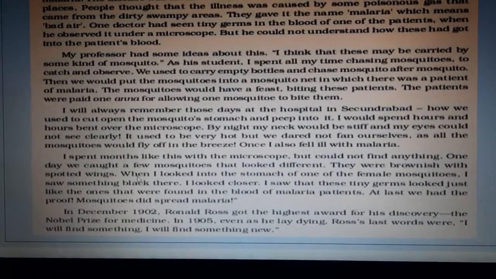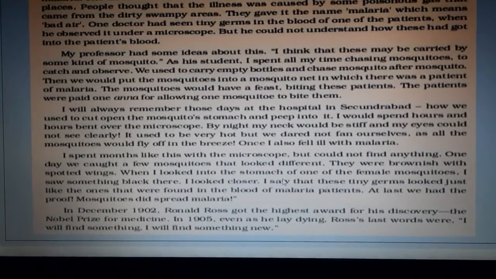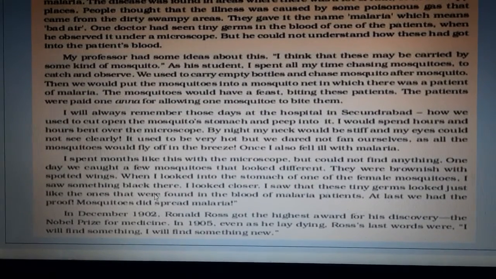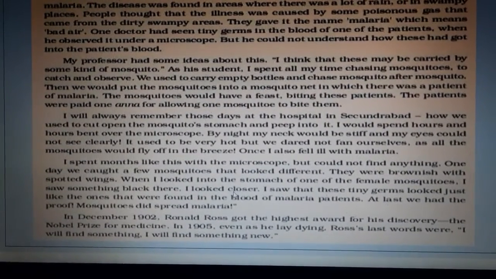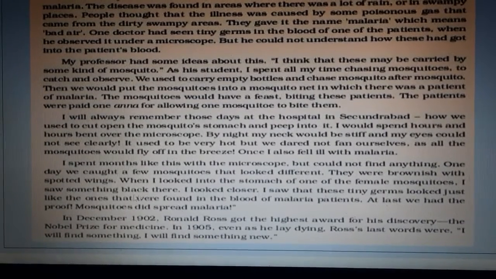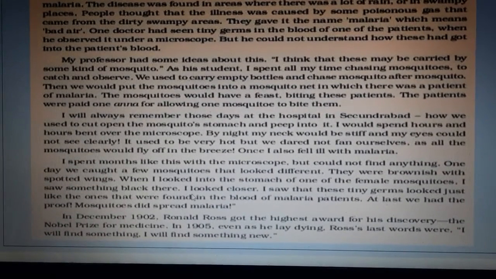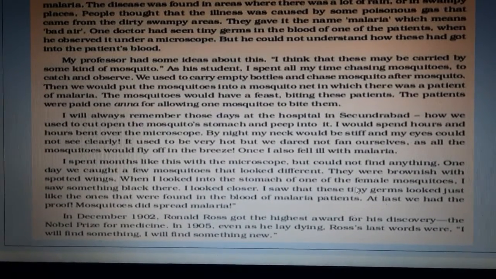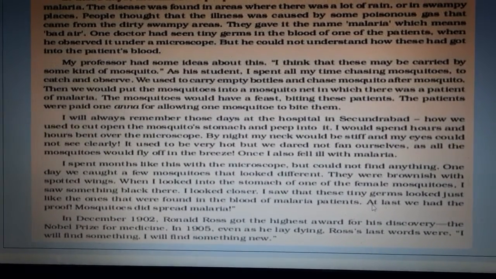This is their description. When I looked into the stomach of one of the female mosquitoes, I saw something black there. I looked closer. I saw that these tiny germs looked just like the ones that were found in the blood of malaria patients. So both the germs matched.